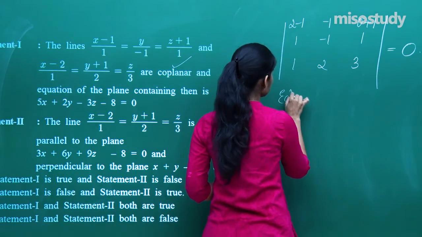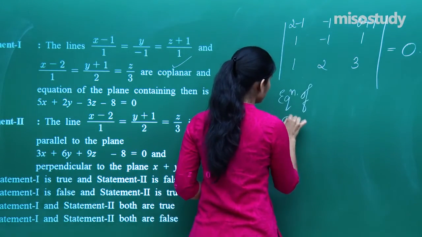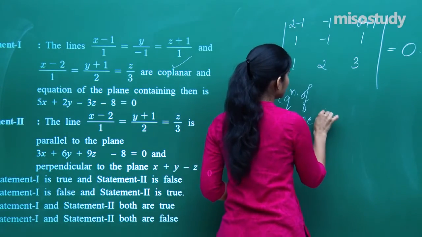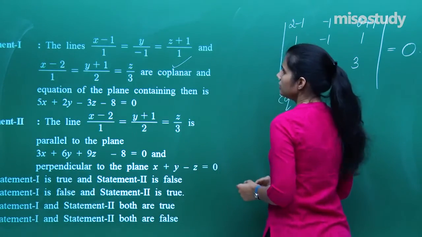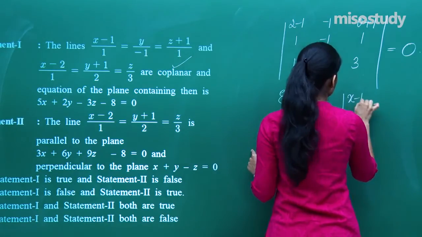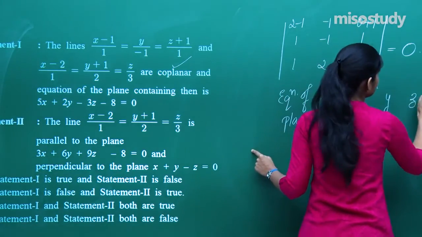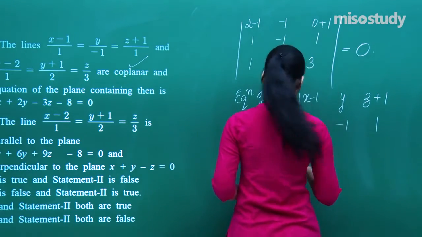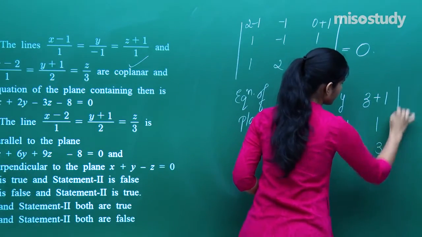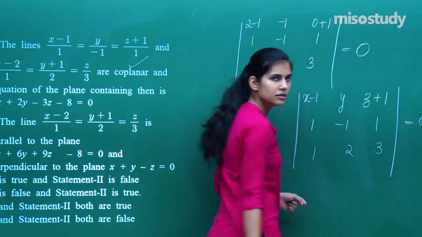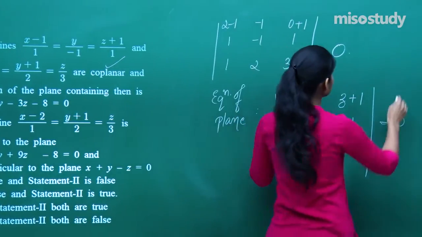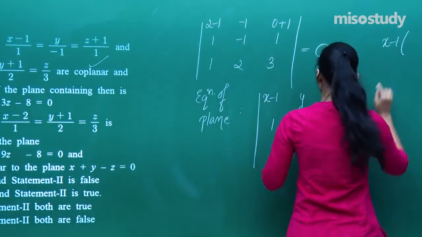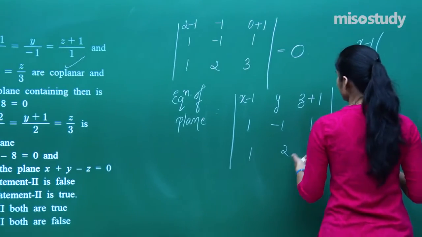Equation of the plane becomes what? Equation of the plane containing the two coplanar lines is what? It is x minus 1, y, z plus 1, 1 minus 1, 1, and 1, 2, 3. Right? So what you get is x minus 1, and then you have minus 3, minus 2.